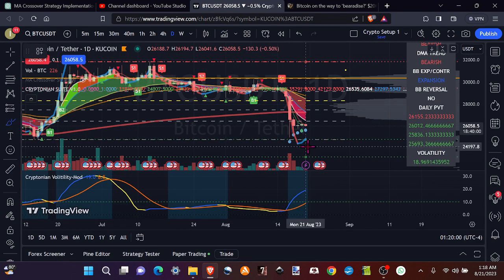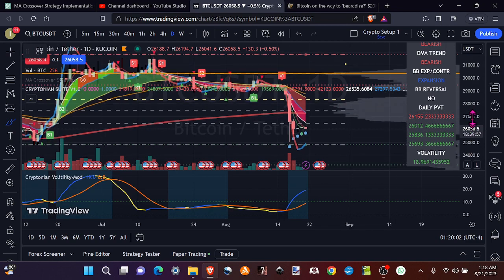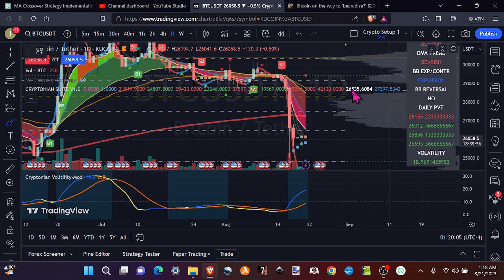The golden pocket for the bears is between 28,324 up to 29,200. This is the golden pocket for the bears.